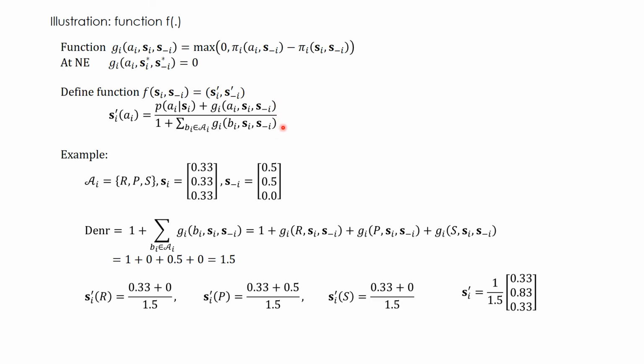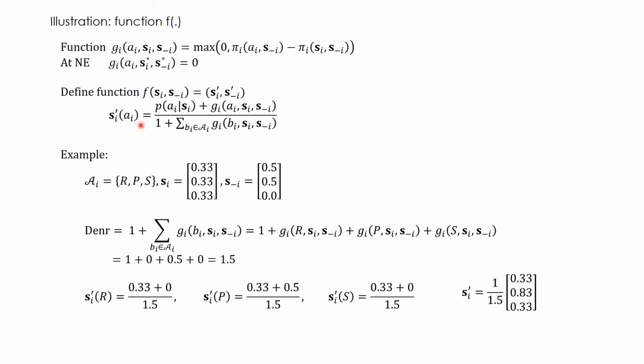And so this S prime i for R is equal to this numerator. P of a_i given S_i is 0.33. Rock is being played with a probability of 0.33 in S_i. And so this is 0.33. And G_i for rock was 0. So we put a 0 here. This action a_i is rock now. And the denominator is 1.5. The denominator is common to all three actions.